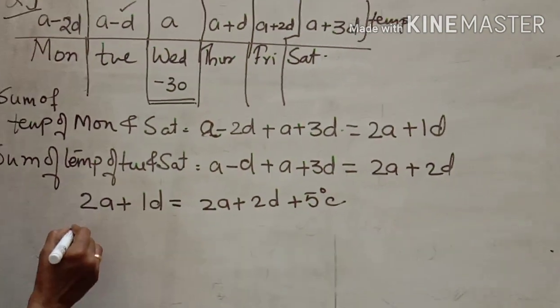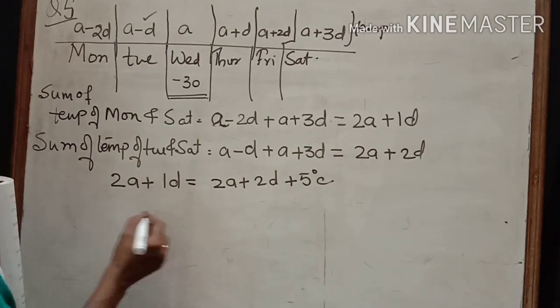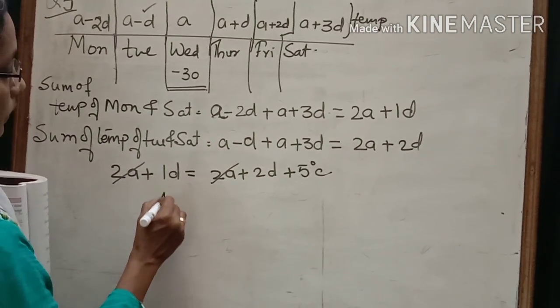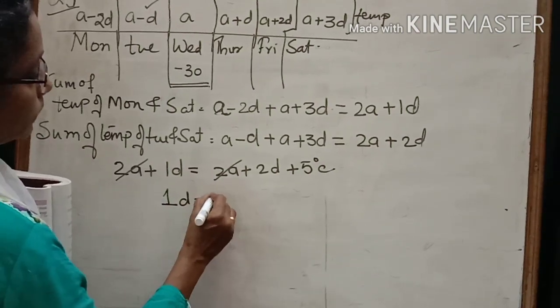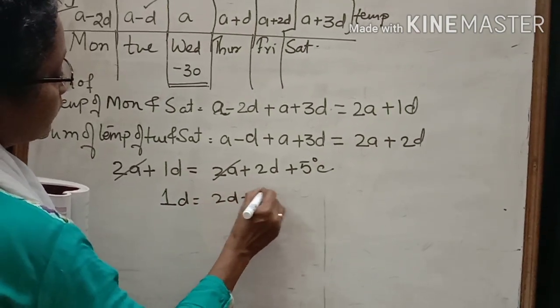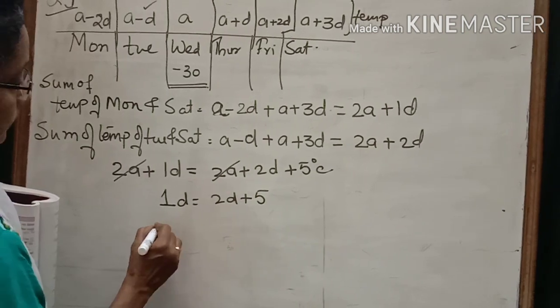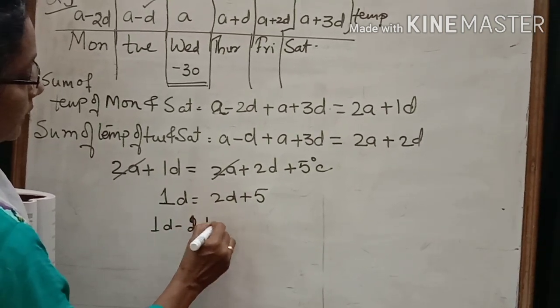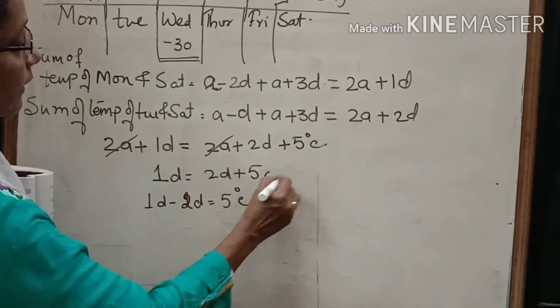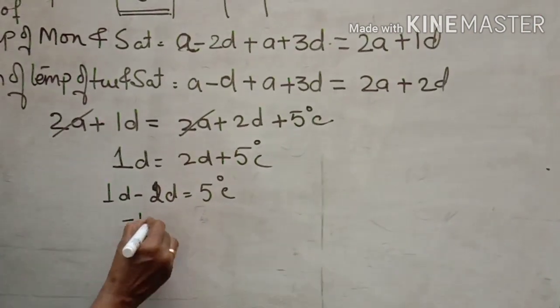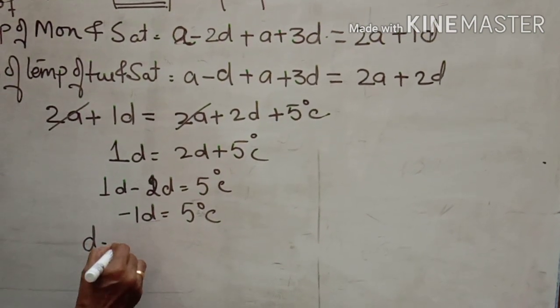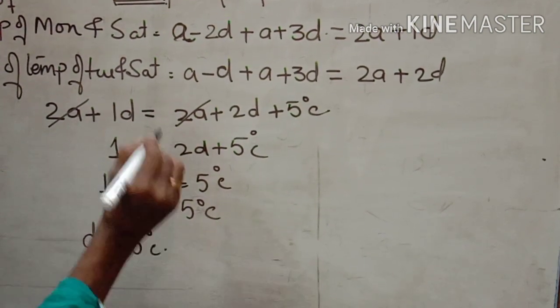First we will solve it. 2a and 2a is cancelled. Here you are getting 1d is equal to 2d plus 5. So we will bring it this side. 1d minus 2d is equal to 5 degrees centigrade. Minus 1d is equal to 5 degrees centigrade. d is equal to minus 5 degrees centigrade.